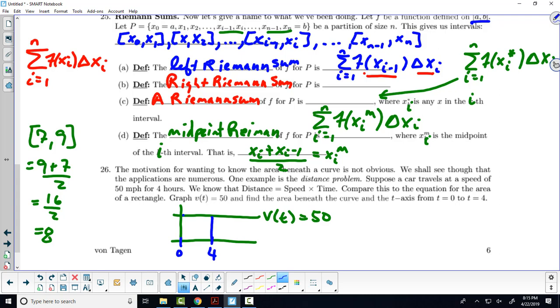Well, what's the area underneath that curve? 4 hours, at a height of 50. 200, right? The area underneath the curve is 200. What's another interpretation for that 200? It's the distance that you travel, which is the distance traveled.